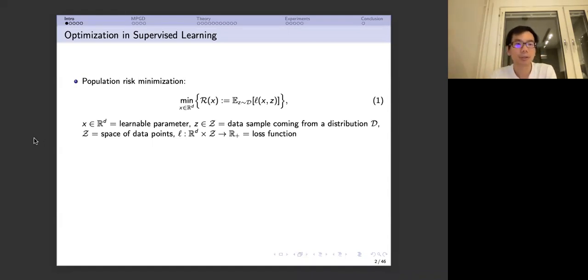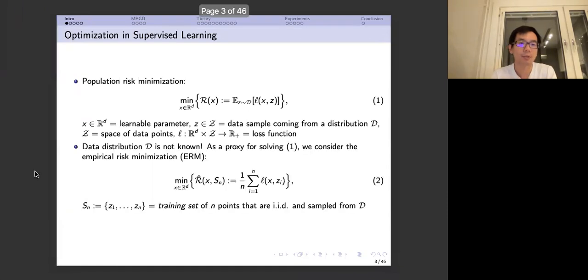In theory, we start by considering population risk minimization, where we aim to minimize the expected value of a certain loss function. This loss function depends on some learnable parameter X, and also on the data sample Z, which usually comes from some unknown distribution. So this is the setting.